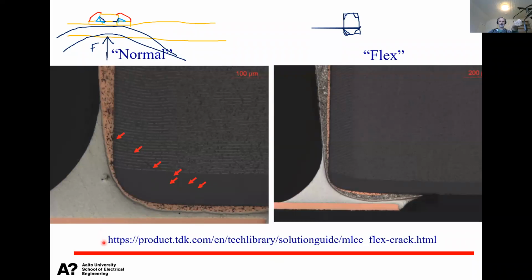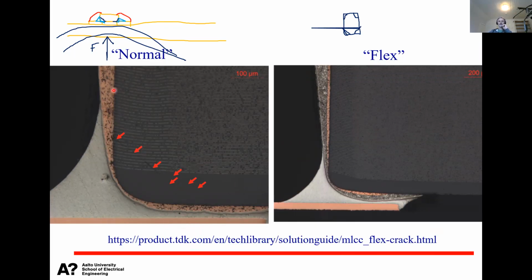In fact, I put this link, which is not in your slides, but I added it into the My Courses page. If somebody is interested in this kind of failure mechanism, please go to this TDK homepage. They have quite a nice solution guide for corner cracking of capacitors.